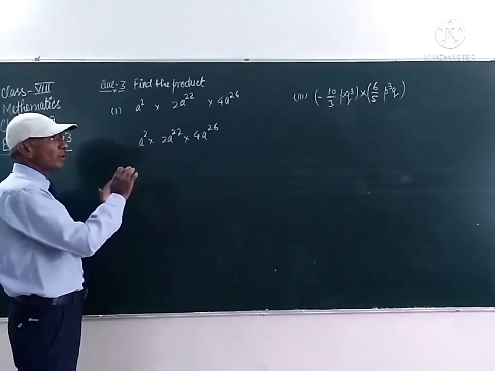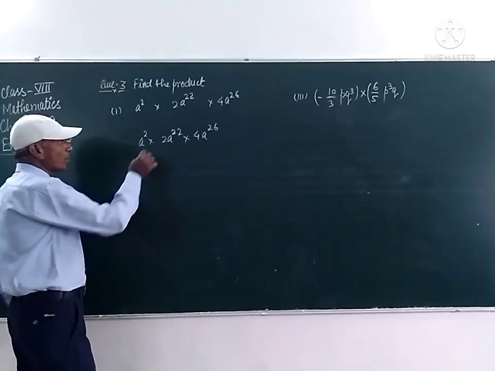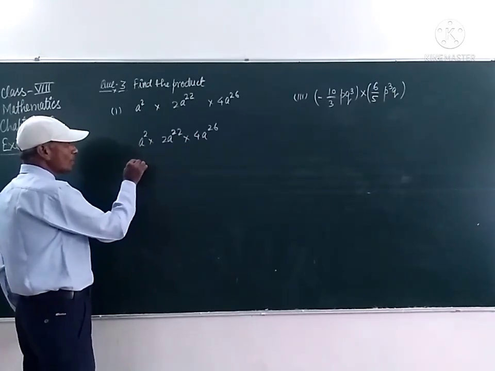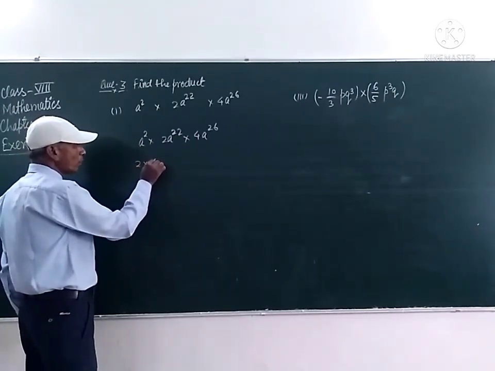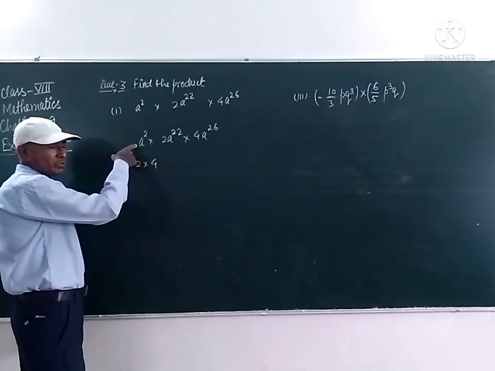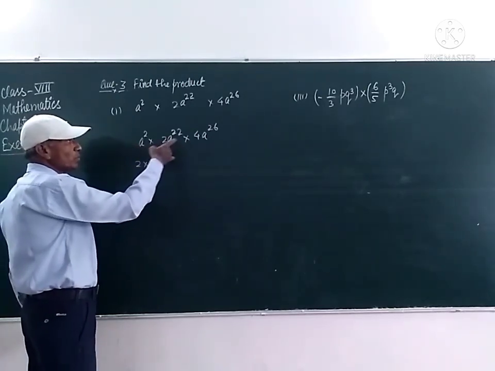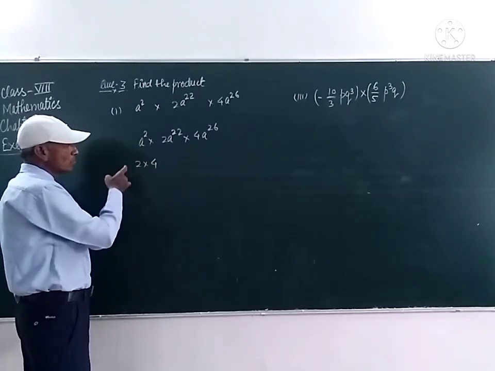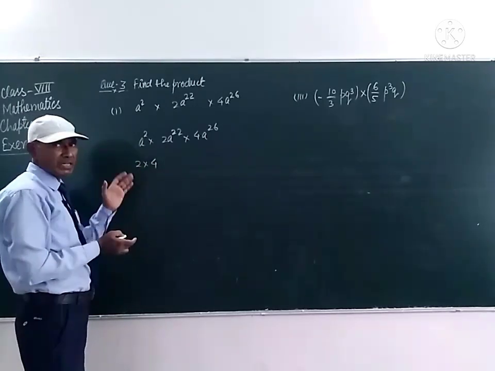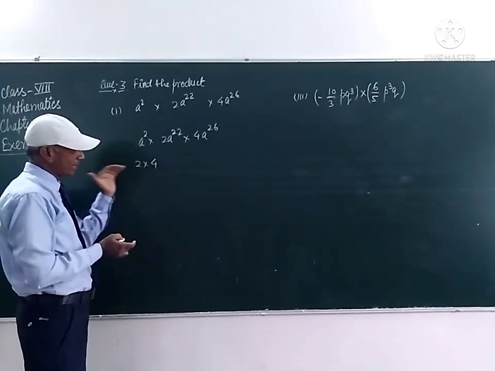So we have to add the powers. Now in the next step, 2 into 4. Here there is 1, student, so we need not multiply by 1. Clear, student? So 1 into 2 into 4 it will be. 1 multiplied by any number will be that same number.